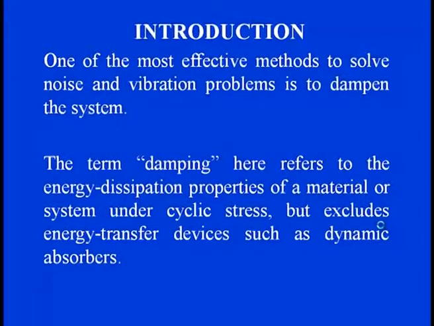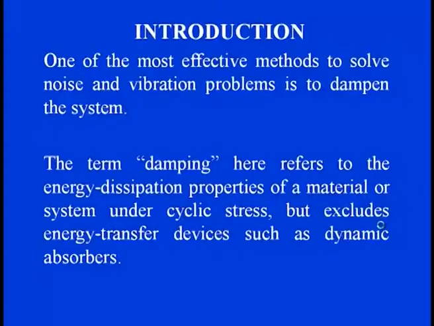The term damping refers to energy dissipation, as we discussed already, that is, how the energy can be dissipated from the source of excitation. Here we refer to the energy dissipation property of a material or the system when it is under cyclic loading or stress, and we want to transfer the energy through various ways, like using an absorber and other features of the damping part.